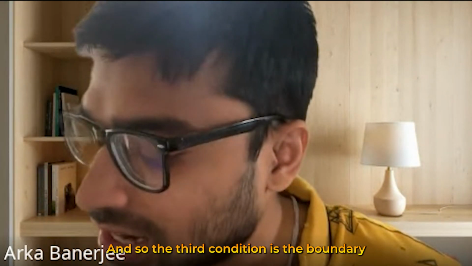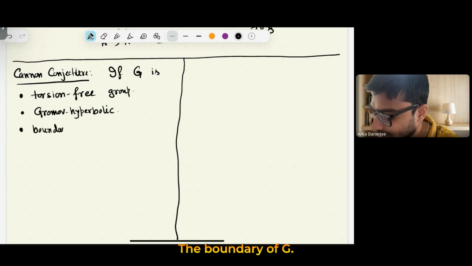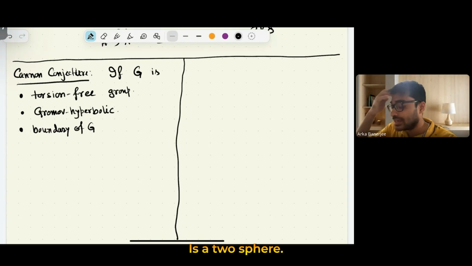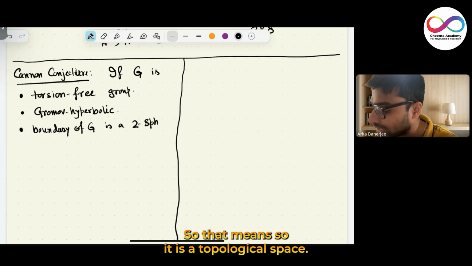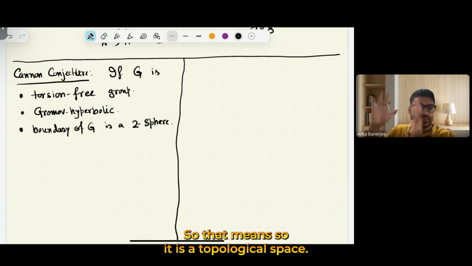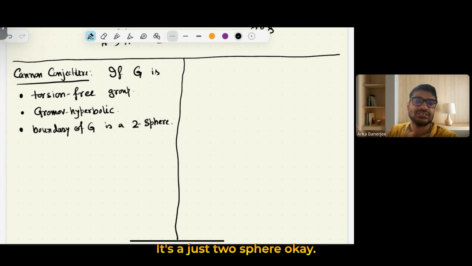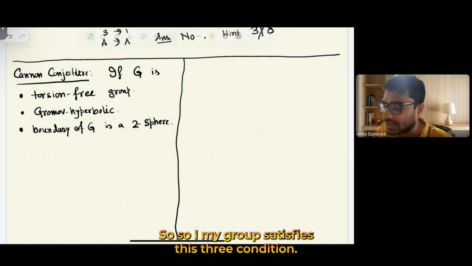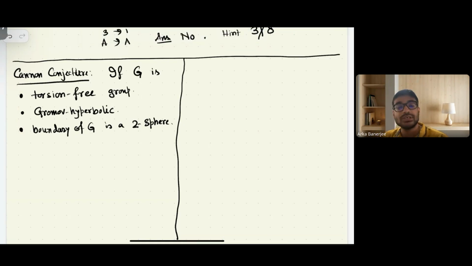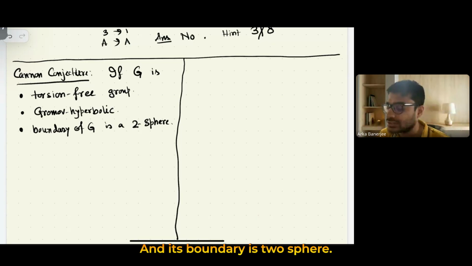So the third condition is that the boundary of G is a two-sphere. It's a topological space, so it has a topology, and it is homeomorphic to the two-sphere, the two-dimensional sphere. So my group satisfies these three conditions: it's torsion-free, it is Gromov hyperbolic, and its boundary is a two-sphere.